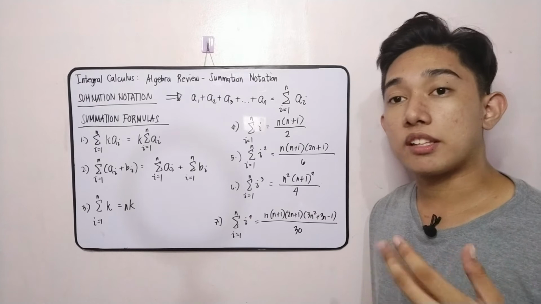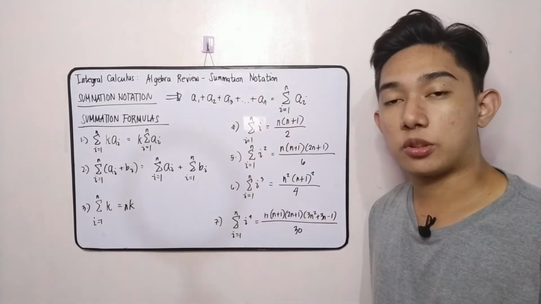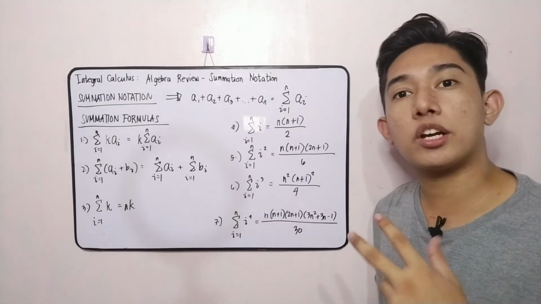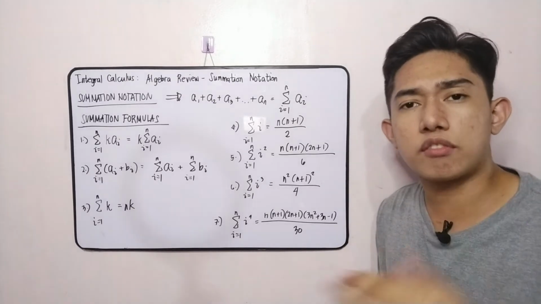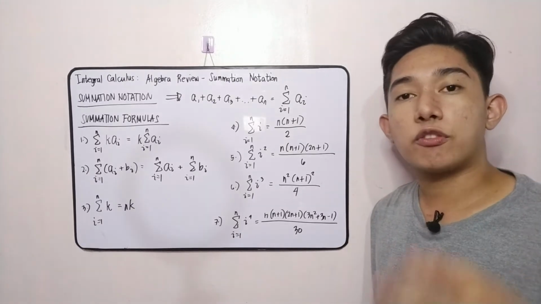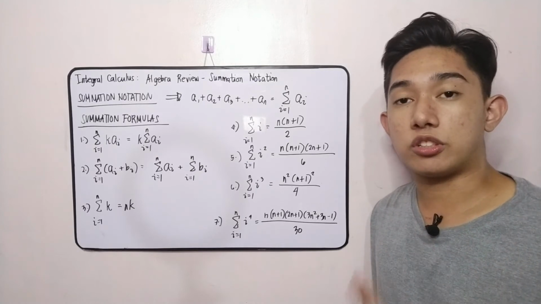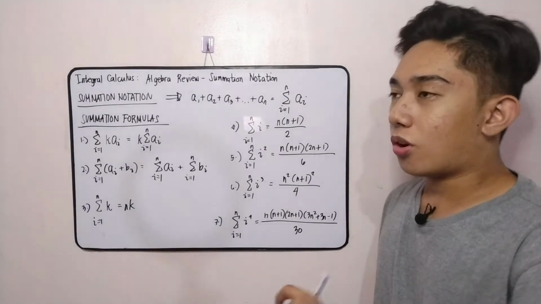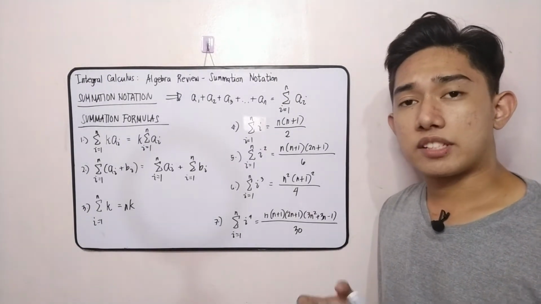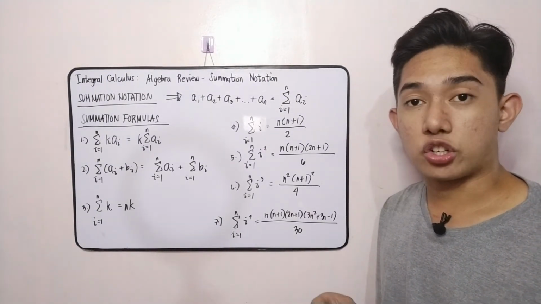Okay? For those students na familiar na nitong lesson na ito, it's better na. What we are going to do here is to focus on the fundamentals and to just review if you know already. And for those na hindi pa alam ang summation notation, then you better listen to this video. So, what does it mean to have a summation notation in an expression?